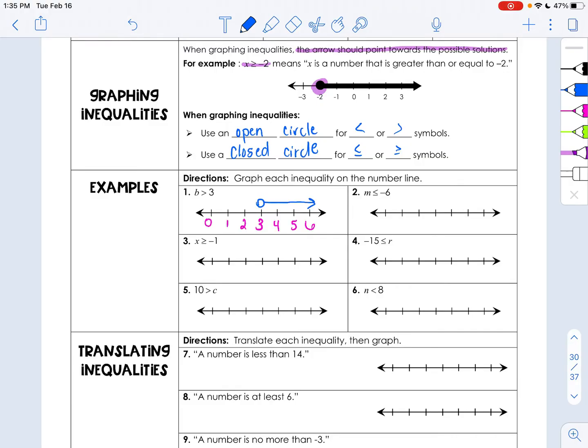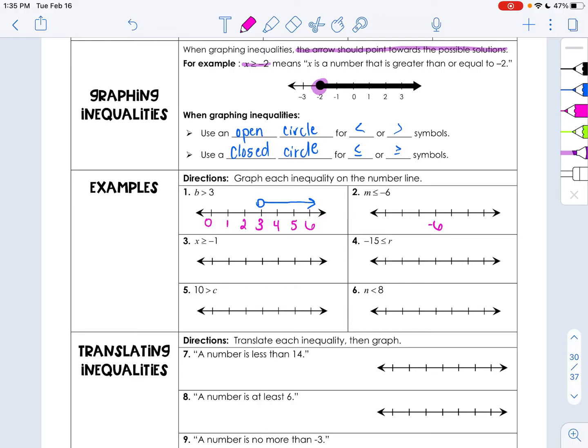Number 2, m is less than or equal to -6. First, we need a number line that includes the number in our solution. So we're going to put -6 in the middle of our number line and then fill in the surrounding numbers. Be careful when your number is negative.